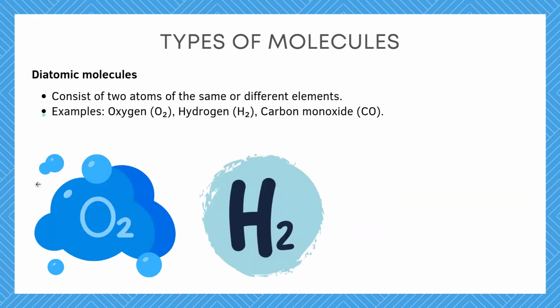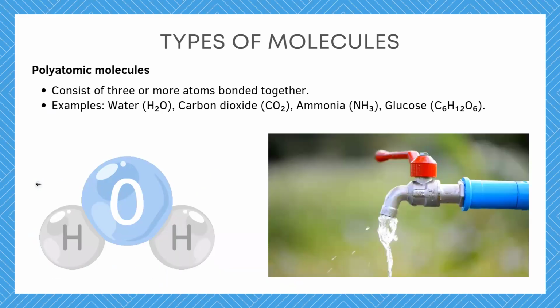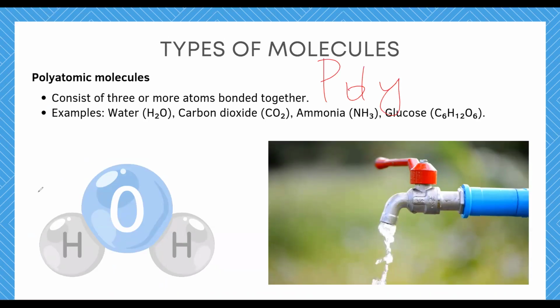And then next one we have is, can you see what's on the screen? Yes, sir. Okay, what is it? A tap with water coming out. No, no, no, no. The write-up first before the tap. Oh, polyatomic molecules. Now, the word polyatomic is simply the combination of two words, poly and atomic.